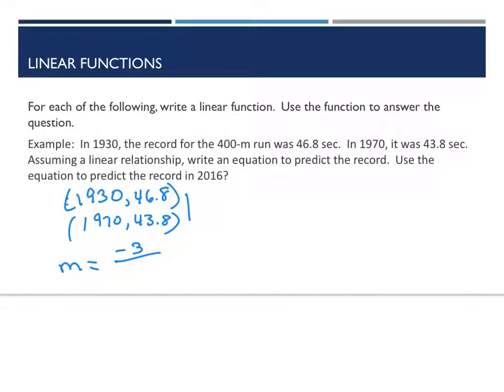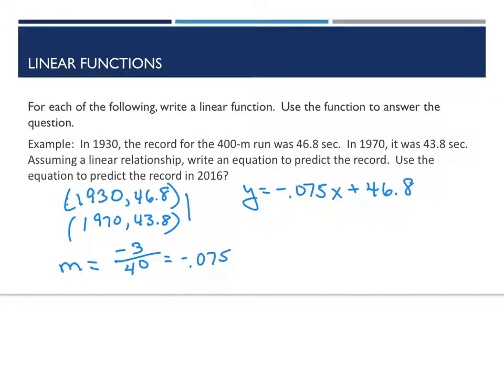From 1930 to 1970 is 40 years. Did a little arithmetic in my calculator, and my rate of change is negative 0.075. To write my formula, my rate of change times x plus the original record.